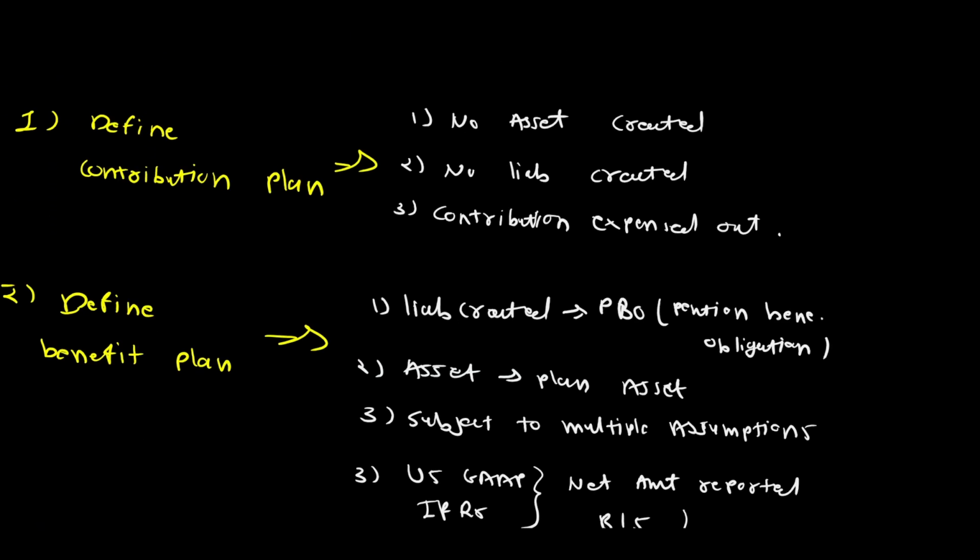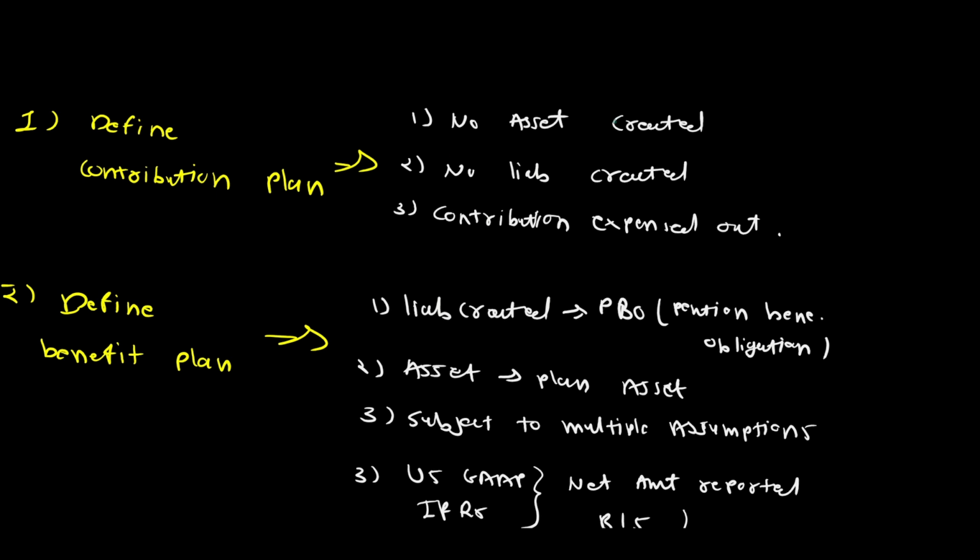So if I want to simplify the defined contribution plan, in this plan the employer promises to contribute a fixed amount, say 10% of the salary, to the employee's retirement account. What the employee gets at retirement depends on how well the investment performs.